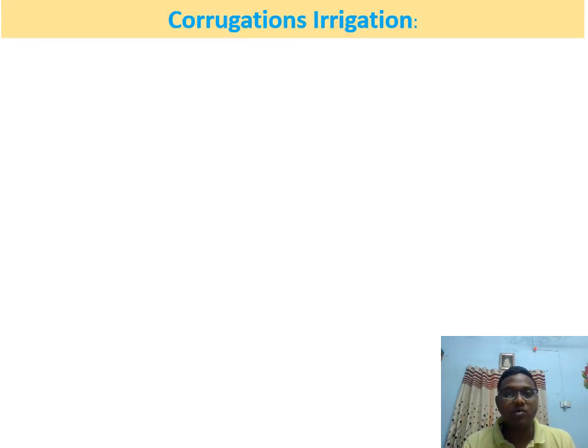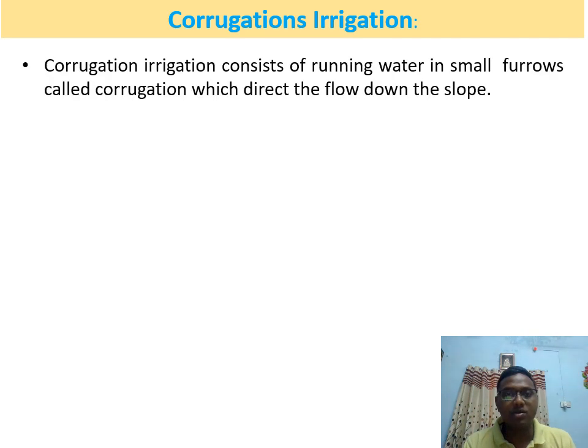Then the corrugation method. What is the corrugation method? It is classified on the basis of size and shape. It is the same as furrow irrigation, the only thing is that here the size is very small. Corrugation irrigation consists of running water in small furrows called corrugations, which direct the flow down the slope.